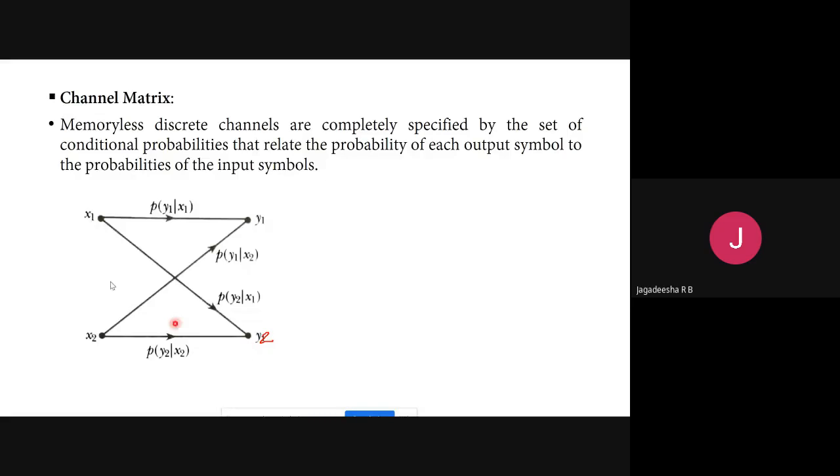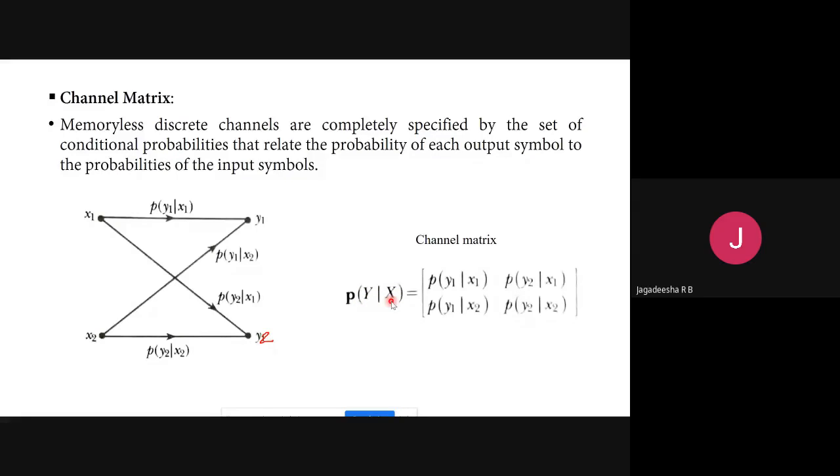So this relationship we can represent in the form of a matrix that is called the channel matrix. So basically, channel matrix, as defined in this sentence, maybe this is a little complicated, says what's the relationship between input and output as a conditional probability or as a transition probability. So we can represent the channel matrix for this particular setting this way. That is nothing but you know what are the inputs and you want to know what is the output, what's the probability of getting these outputs.